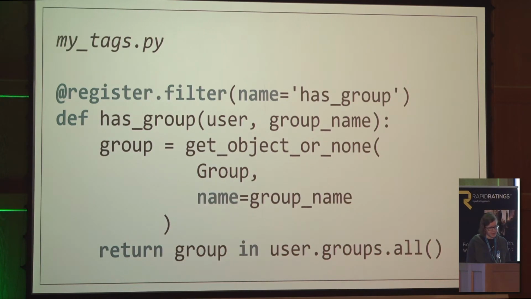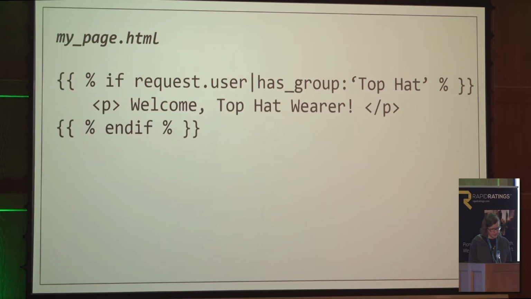A group name is passed to it from the template, and then we grab the group from there and return a Boolean for whether the user is in that group after we check if the user is in that group. Then on the template side, we would only need to grab the request user and plug it into our template tag along with our group name.